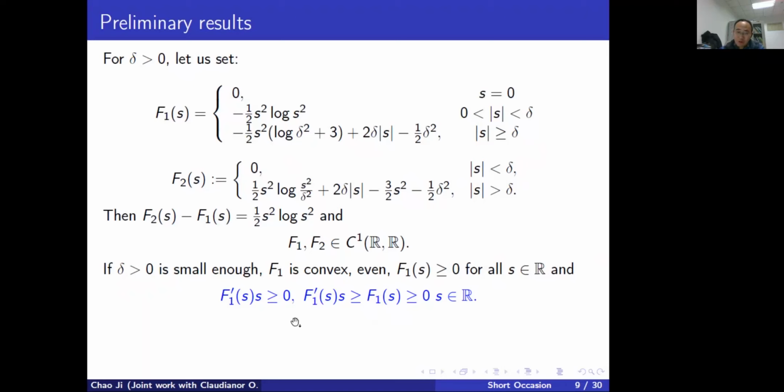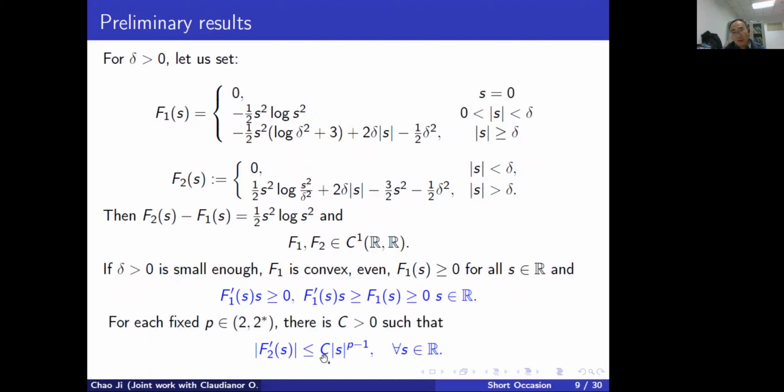Because the functional g is not continuous, g of u may not equal c. But because of this inequality and other arguments, we can prove g of u equals c.